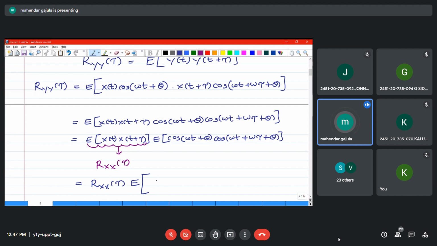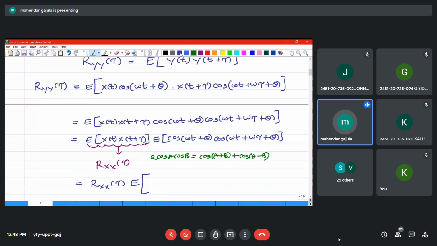And the expectation of, let us multiply and divide with 2 so that we can apply the 2 cos a cos b formula. What is the 2 cos a cos b formula? Cos(a plus b) plus cos(a minus b).